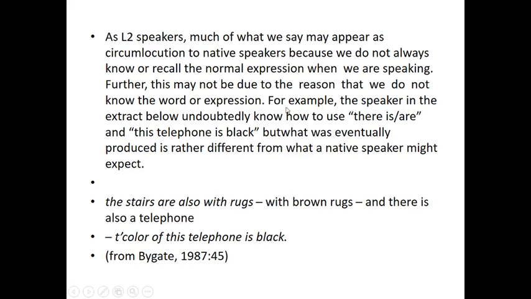For example, the speaker in the extract below undoubtedly knows how to use there is, there are, and this telephone is black. But what was eventually produced is rather different from what a native speaker might expect. The stairs are also with brown rugs, and there is also a telephone. The color of this telephone is black.